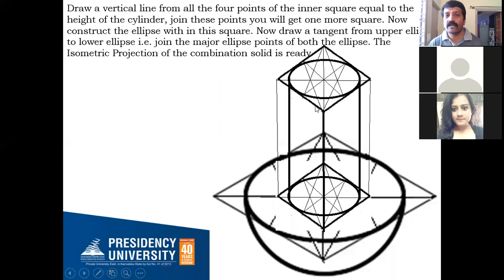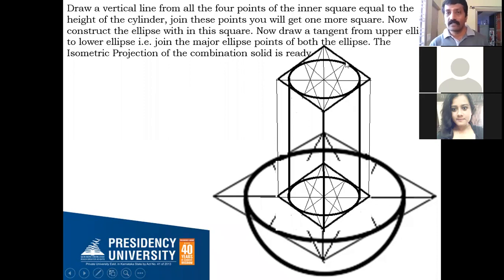After getting one more square here, in the same way you constructed the ellipse here, you construct here. Once you get this upper square, from here you draw a line exactly at the midpoint of this side. Similarly, from here you draw a line exactly at the midpoint. From here you draw a line exactly at the midpoint.